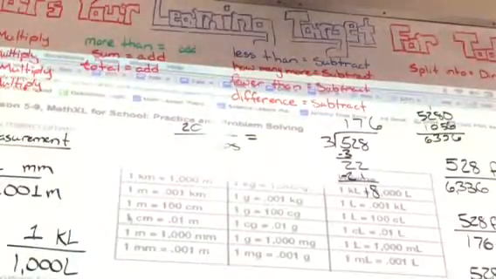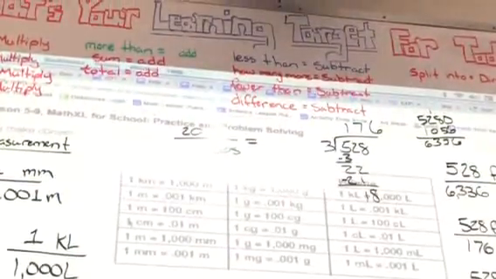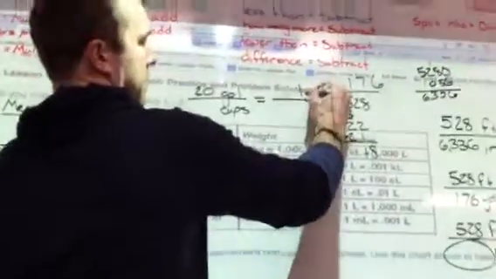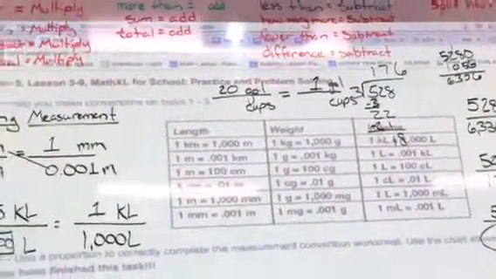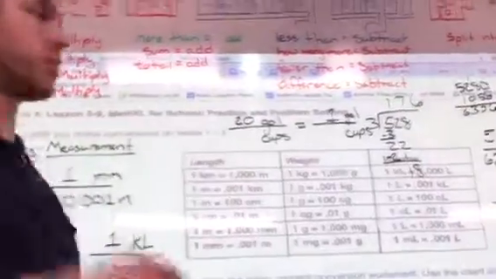I don't know how many cups that is. Do you need to know the relationship between 1 gallon and cups? So 1 gallon, and I want to go to cups. 1 gallon equals how many cups? 16. Good. If you didn't know it, look it up on your Chromebook.